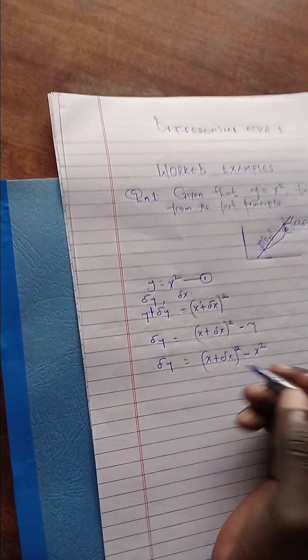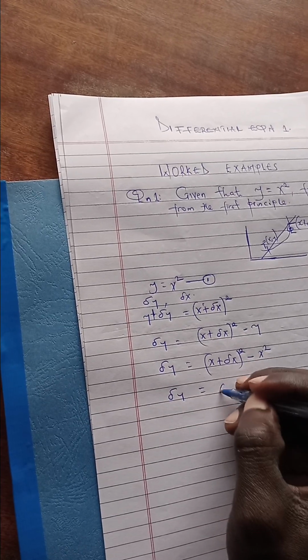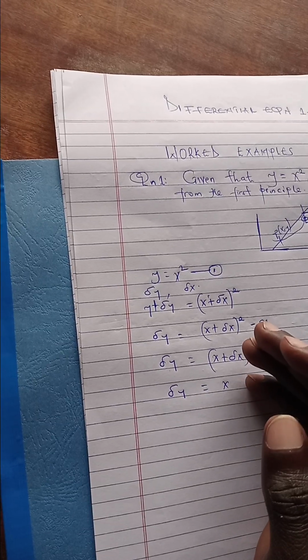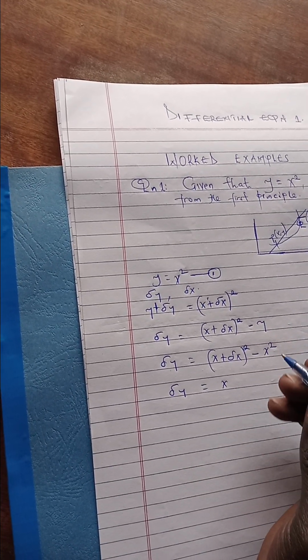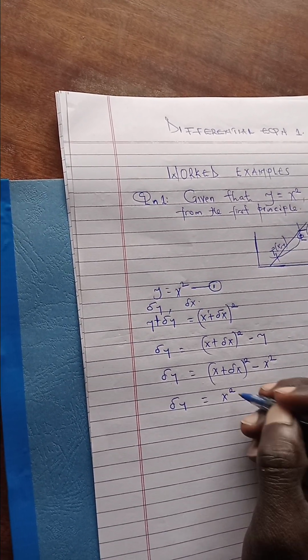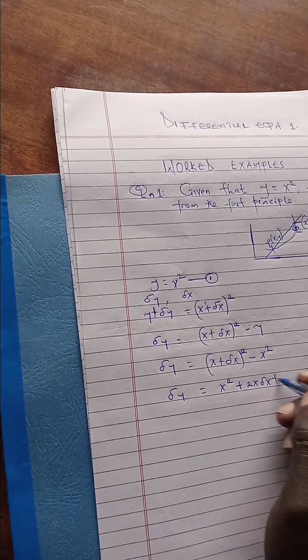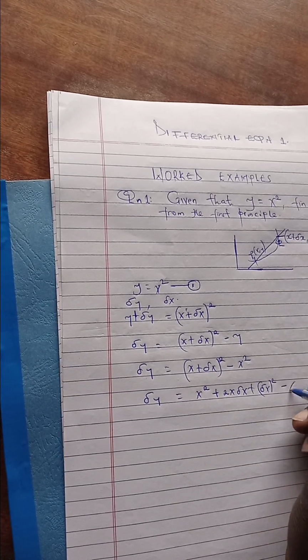And when we consider the bracket here, we are going to use basically the factorization method while conserving the binomial coefficients, and that is x squared plus 2x delta x plus delta x squared, then minus x squared.